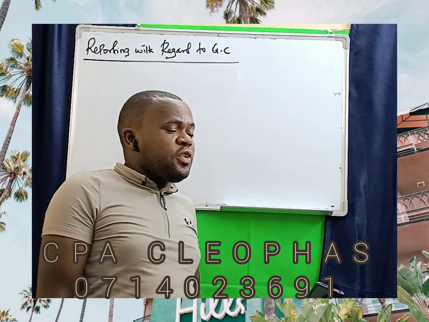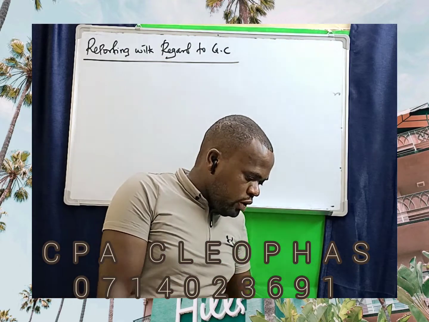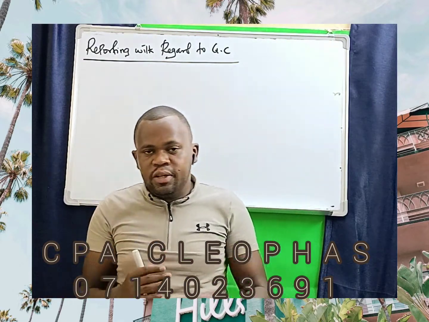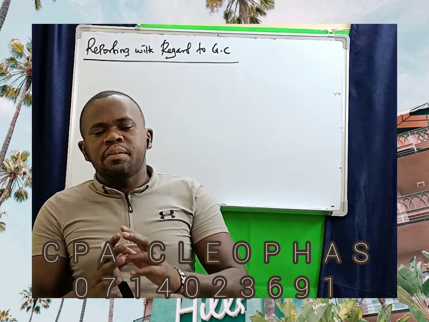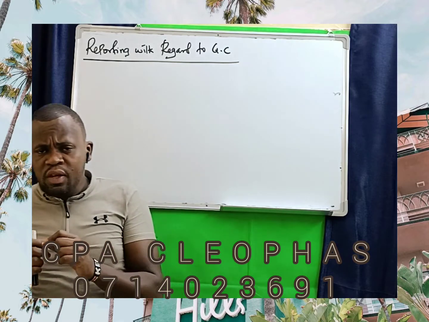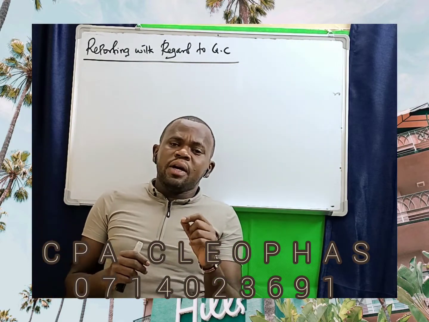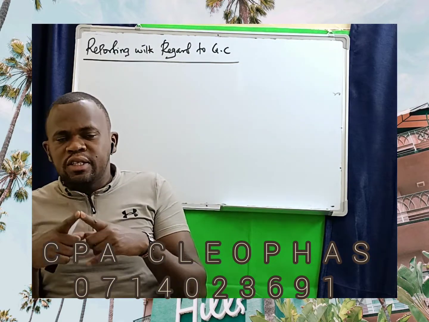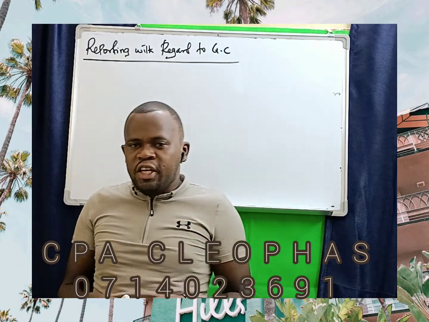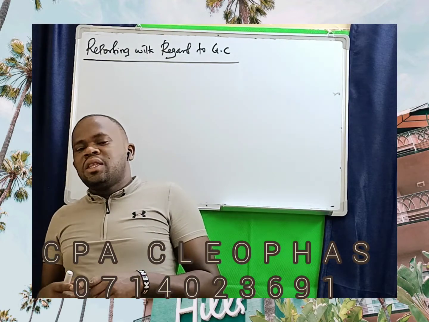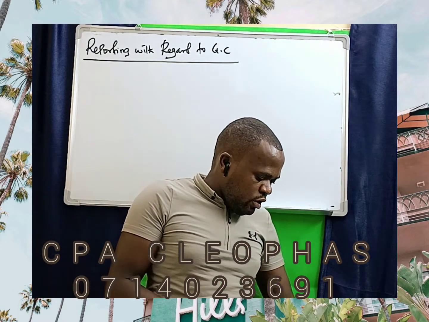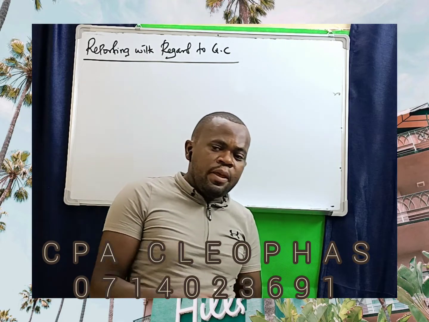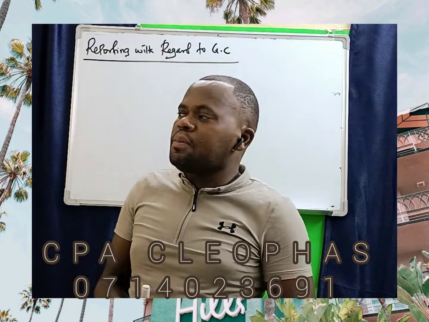If the auditor finds that the going concern of the company is questionable and that the matter has been adequately disclosed in the financial statements, then the auditor will give an unqualified opinion, but with the emphasis of matter paragraph.